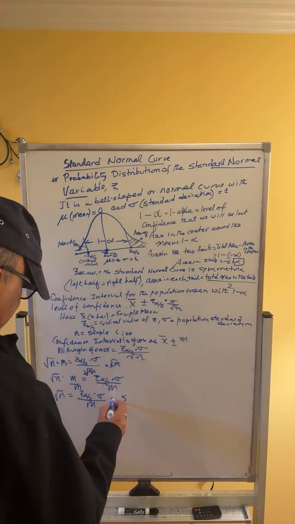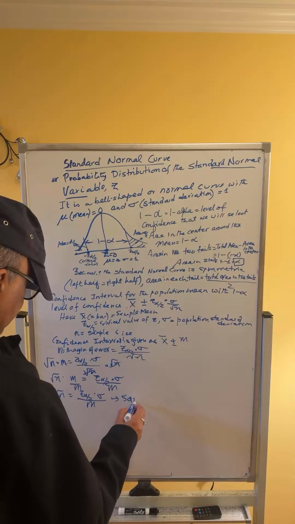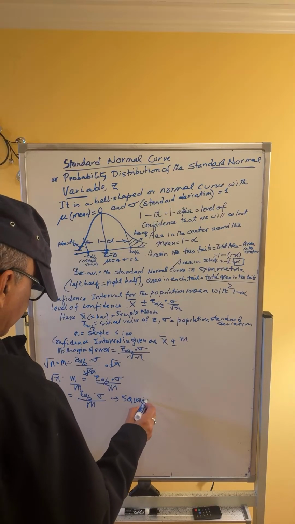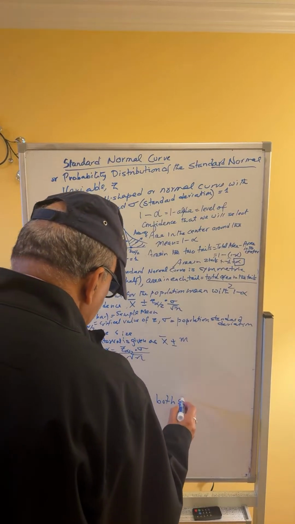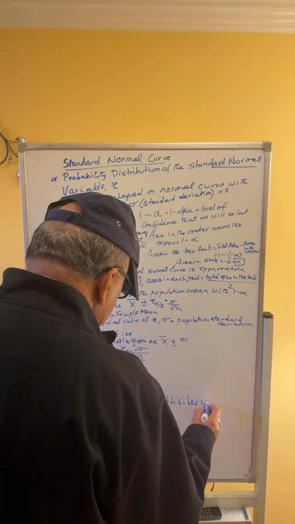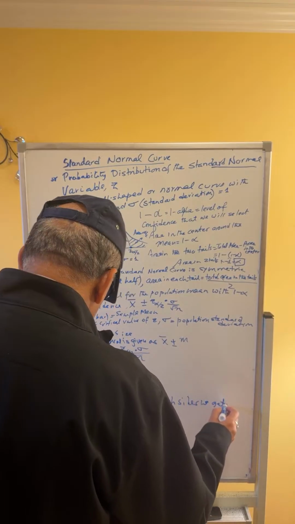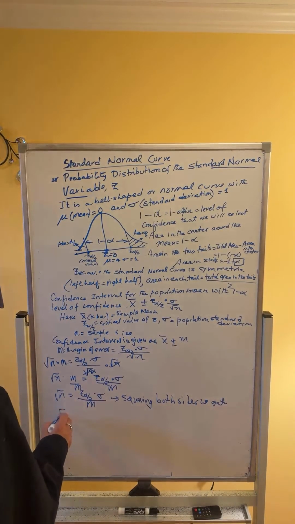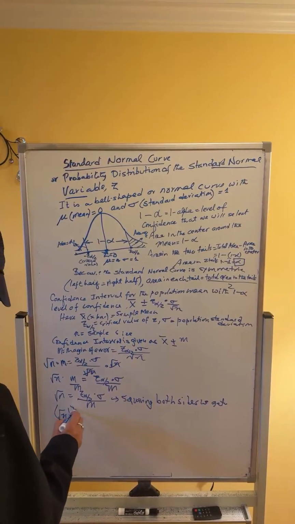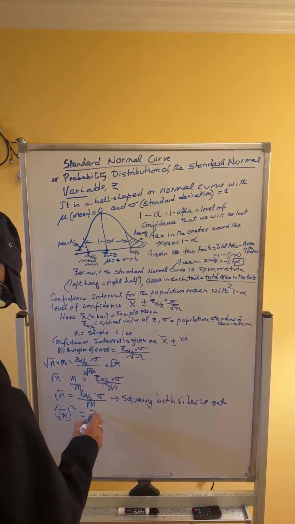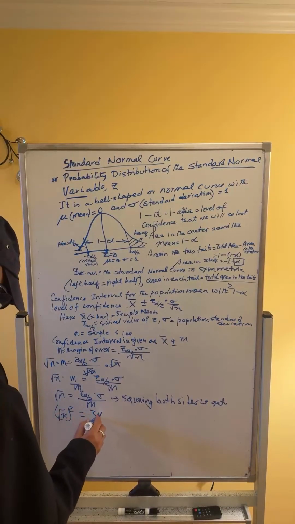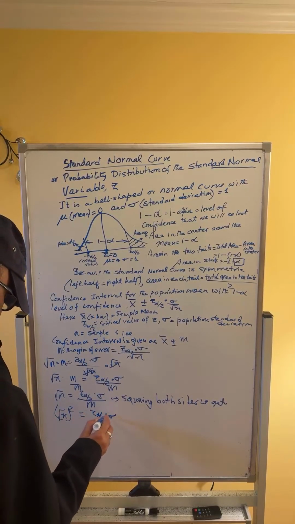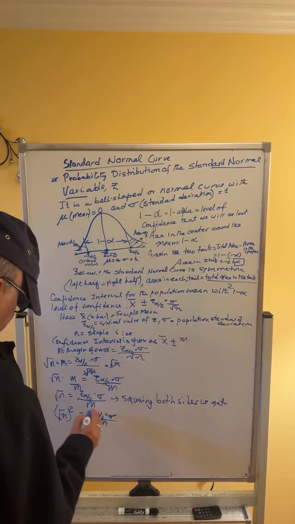Now squaring both sides, what do we get? Square root of n squared is equal to z alpha by 2 times sigma divided by margin of error, all squared.